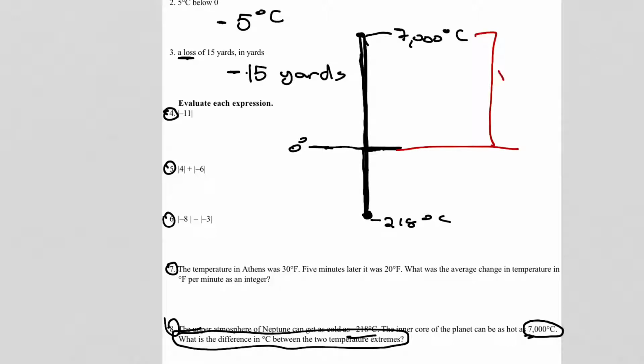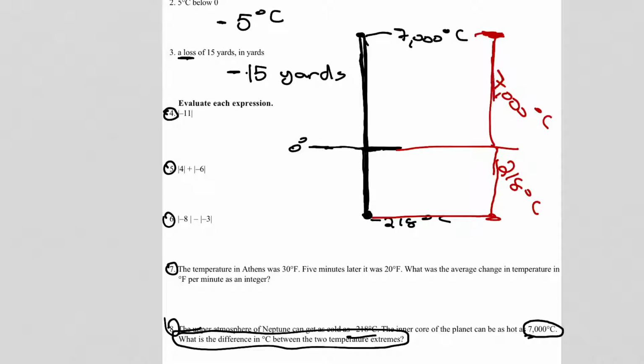This is 7,000 degrees, alright? And the distance from negative 218 to 0 is 218 degrees Celsius. So the question is, how much is between here and here?